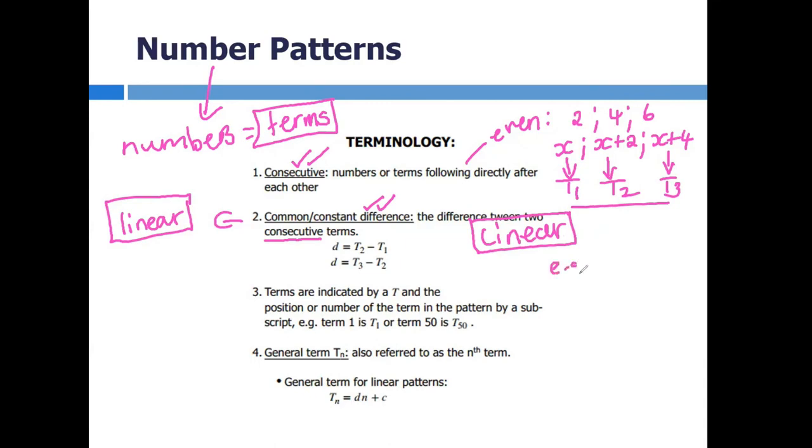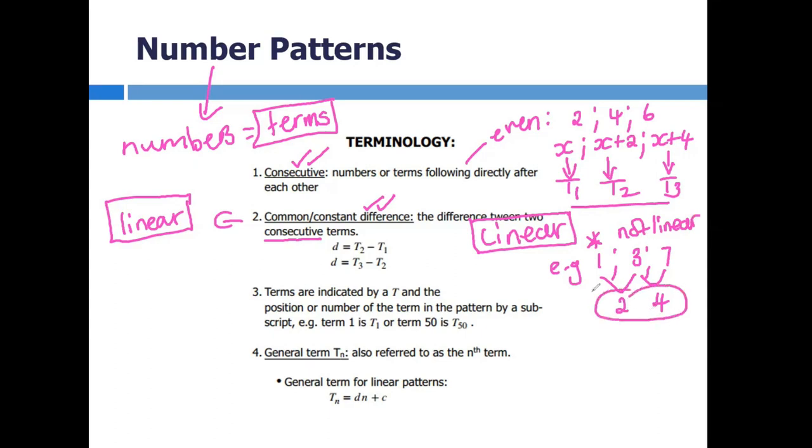So for example, if I were to give you 1 and give you 3 here, but then I give you 7, 3 minus 1, that's a 2. 7 minus 3, that's a 4. The moment I've done that, automatically, it means that this is not linear. Why is it not linear? Because the constant difference is not the same.